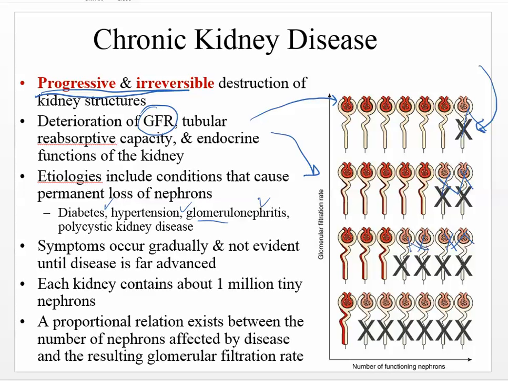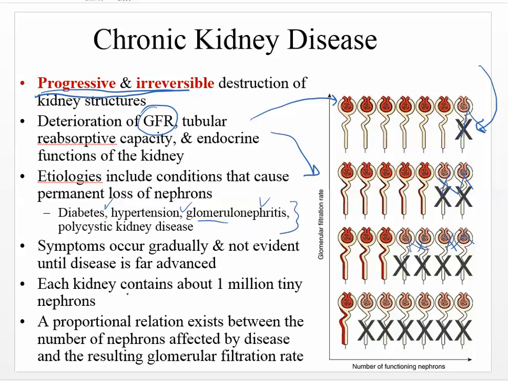Polycystic kidney disease, any of these things can progress, and if some kind of treatment or cure isn't found, it's going to progress into this chronic phase. Symptoms occur gradually and are not evident until the disease is far advanced, so you may not even notice it if you weren't aware of it before.